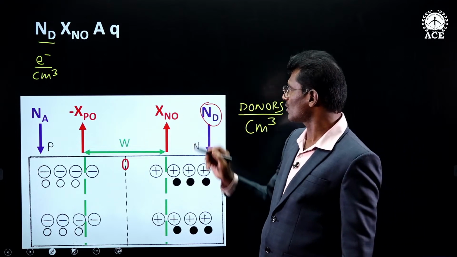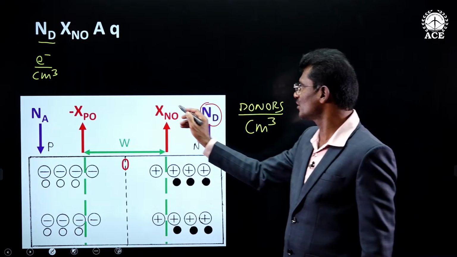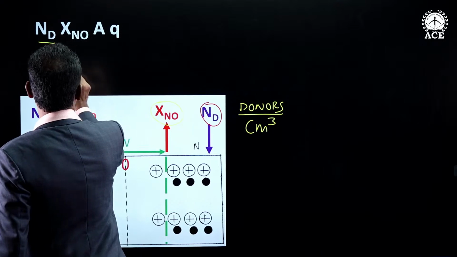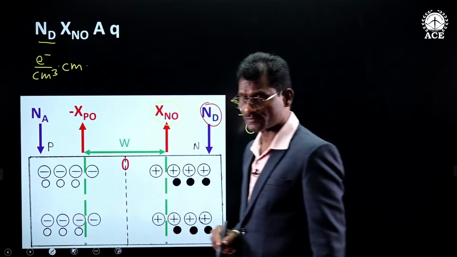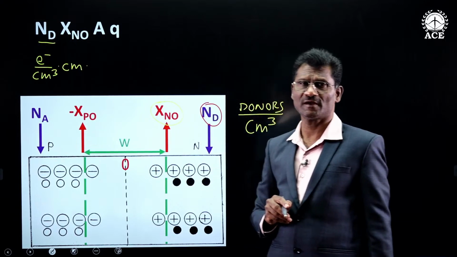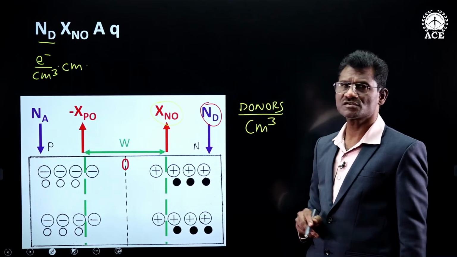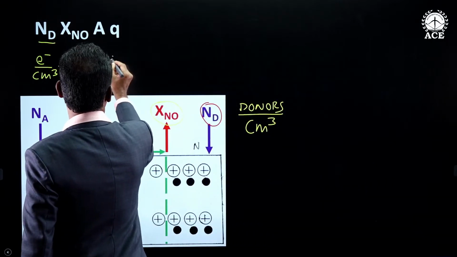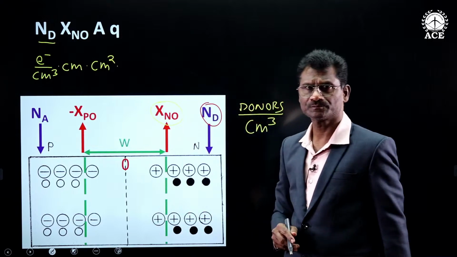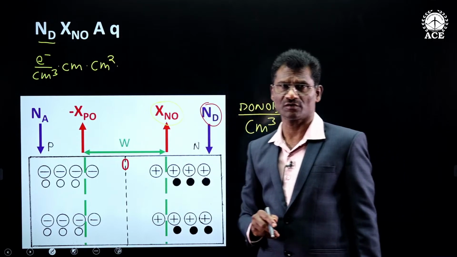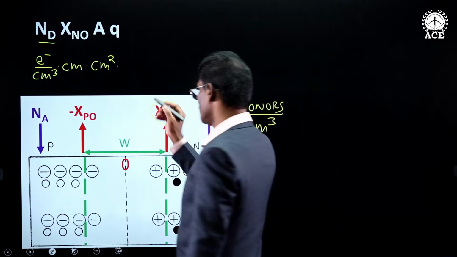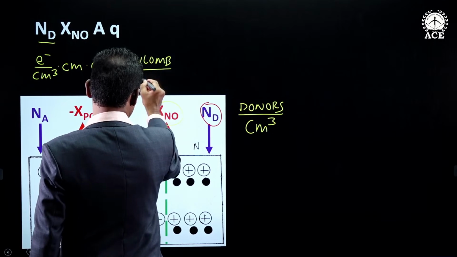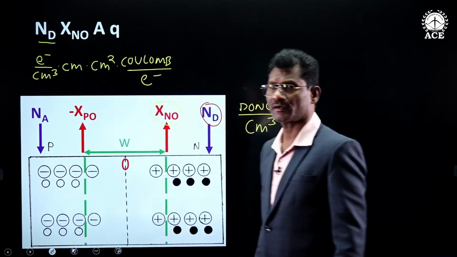Now Xn0 is penetration of depletion region into N side. The unit could be centimeter. A is the cross-sectional area of this diode, the unit could be centimeter square. Q is charge of electron. The unit is coulomb per electron.